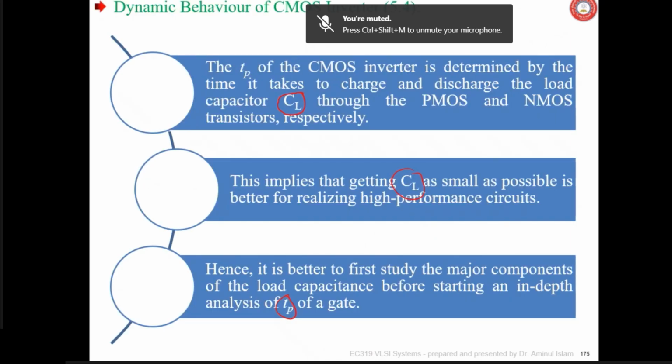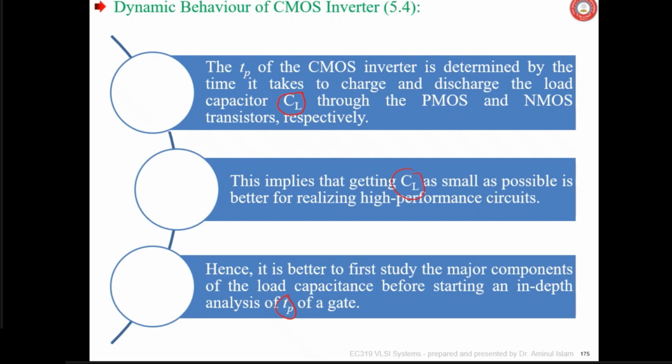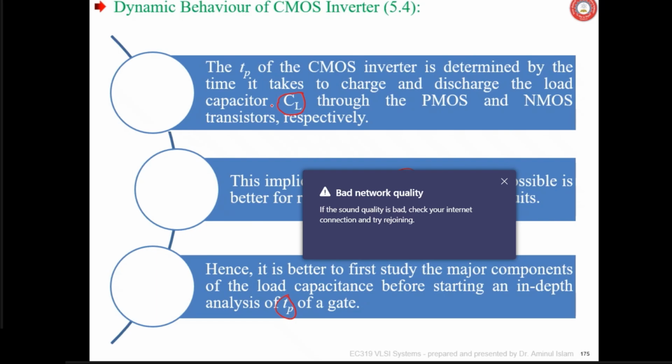In this, we will have to estimate or understand the various parameters of CL, and we have already understood that there are various components, at least 3 components: interconnect capacitance, drain diffusion capacitance, and Cox of the fan-out gate.